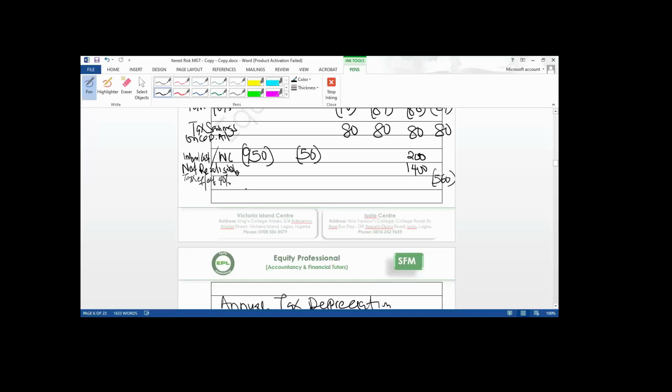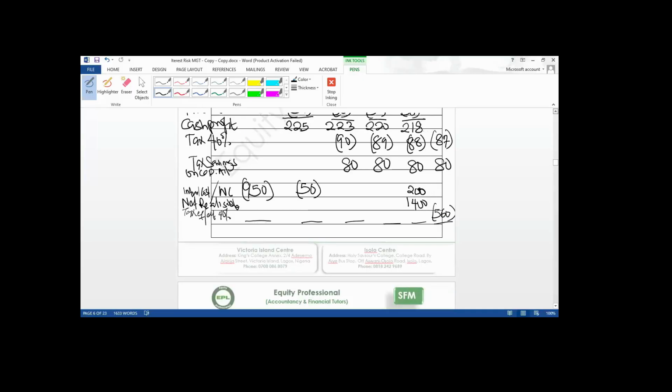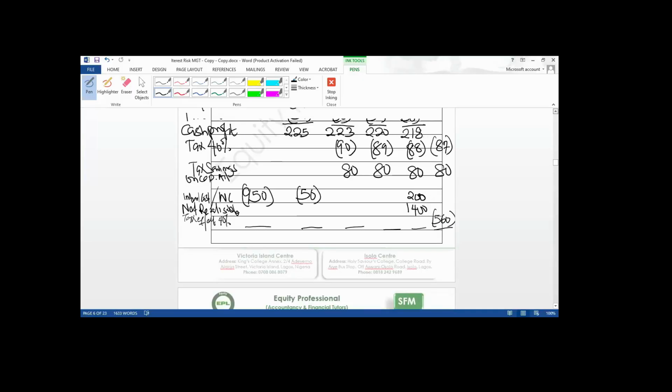You can get net cash flow in foreign dollar starting from your cash profits for year 0.